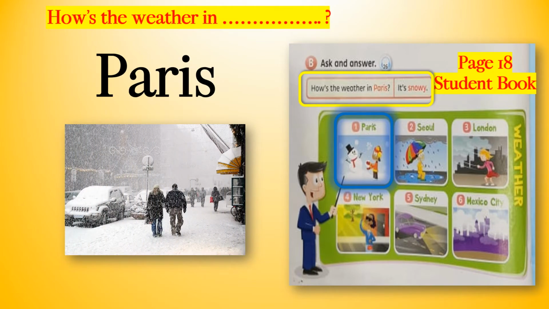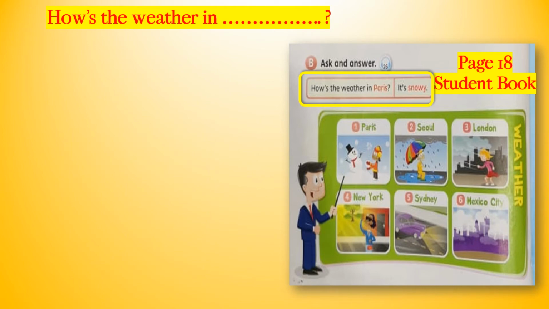Okay, so let's look at the picture. Number 1. So the answer will be it's snowy. How's the weather in Paris? It's snowy. Okay, let's look at number 2.